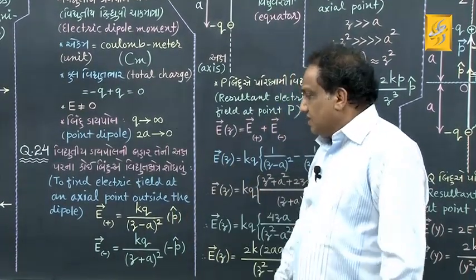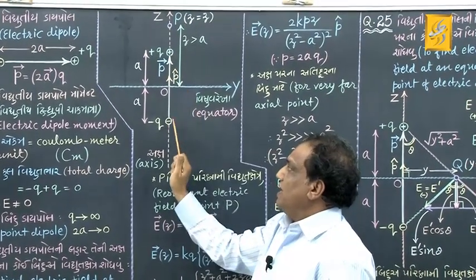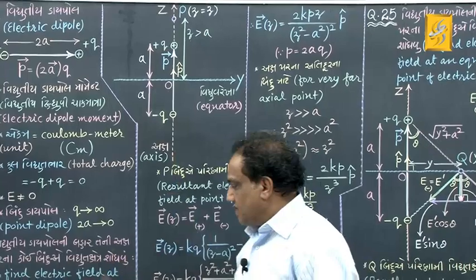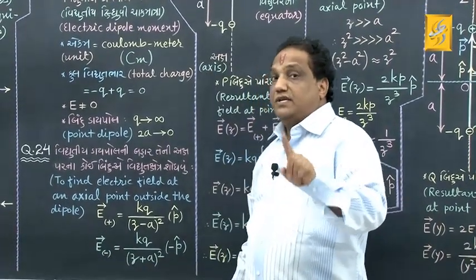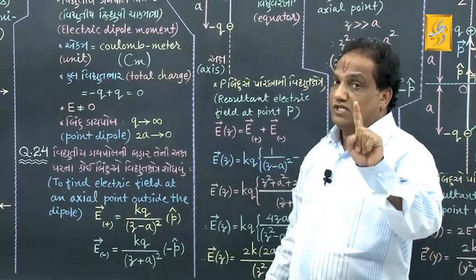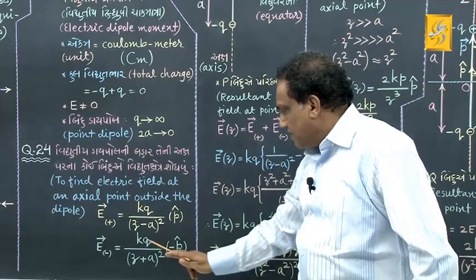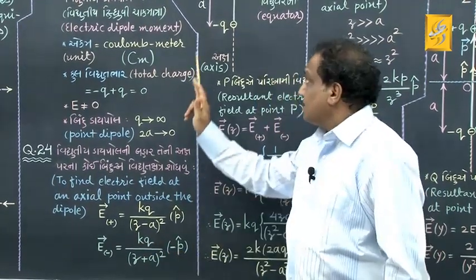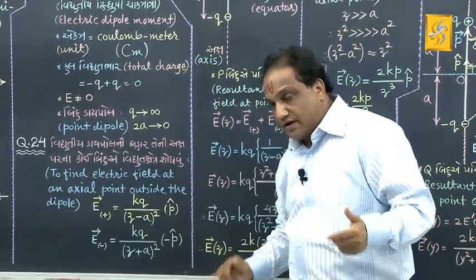Similarly, what will be electric field at this very point due to the negative charge? I am showing it by the symbol vector E negative. Again it is kq upon r square, in words, k into charge upon distance square, k into magnitude of this charge, which is also q only, divided by distance square.